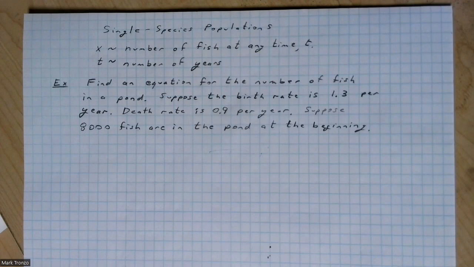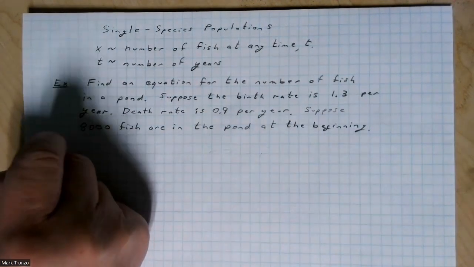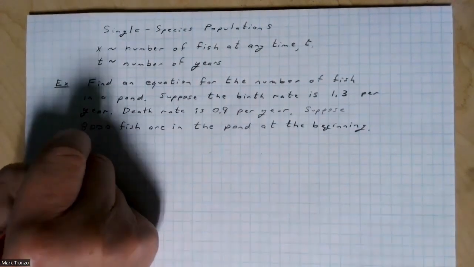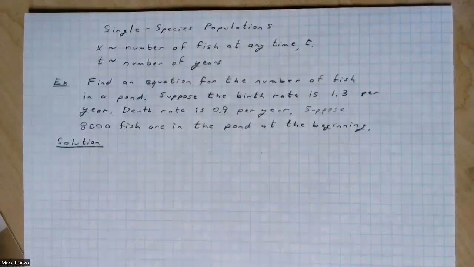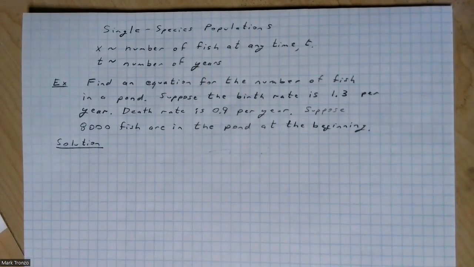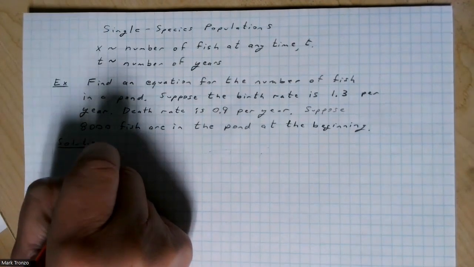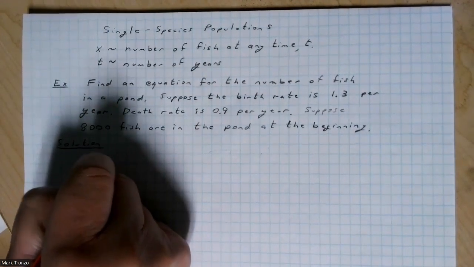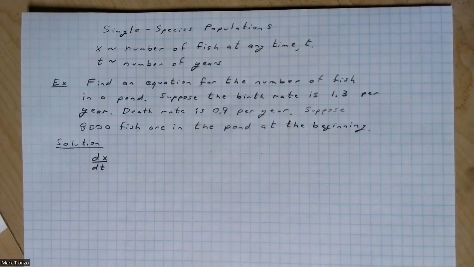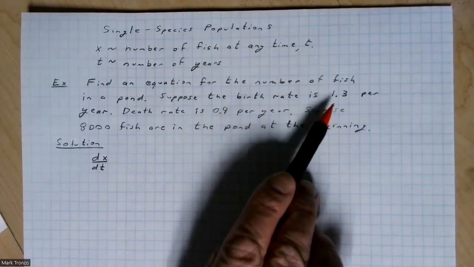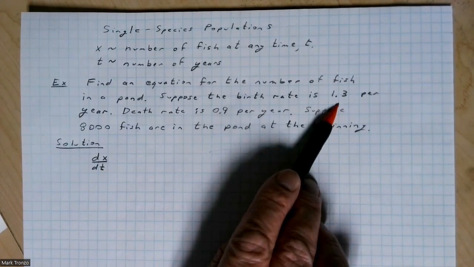So let's take a look at this. So once again, let's say, again, X is the number of fish. And so we want to know the change in the number of fish in the pond. So once again, the 1.3 birth rate per year.